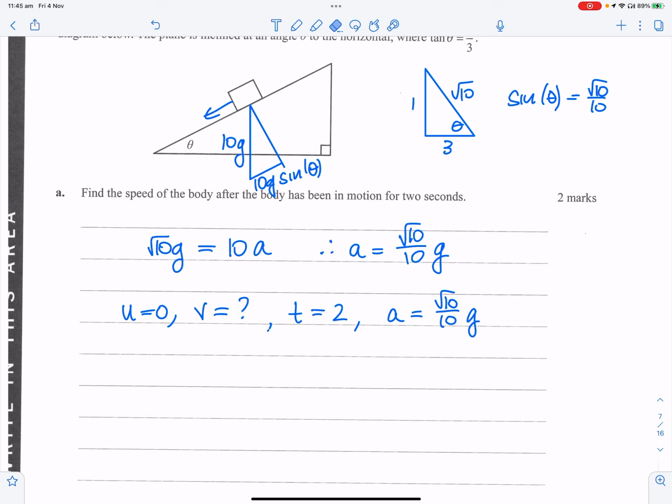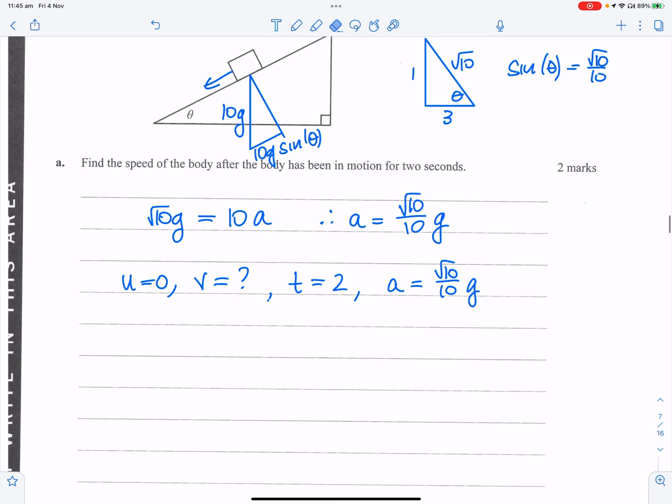Just had a mental blank. v equals u plus at. v equals u, 0, plus at.